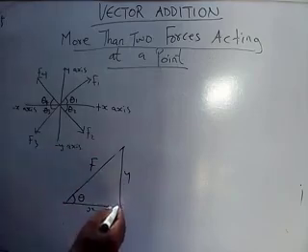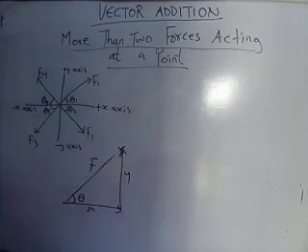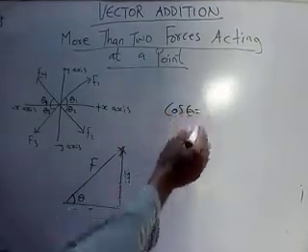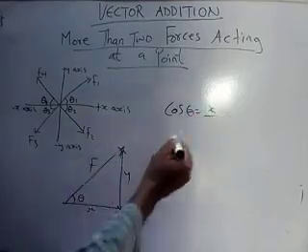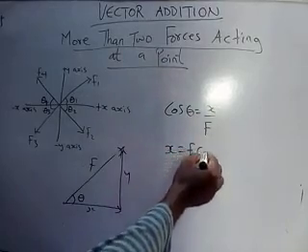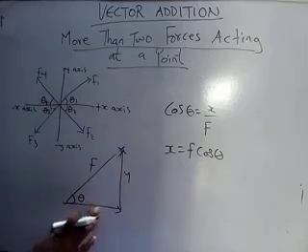We are using cos theta, which is adjacent over hypotenuse F. So our adjacent is F cos theta. The horizontal force acting here is F cos theta.